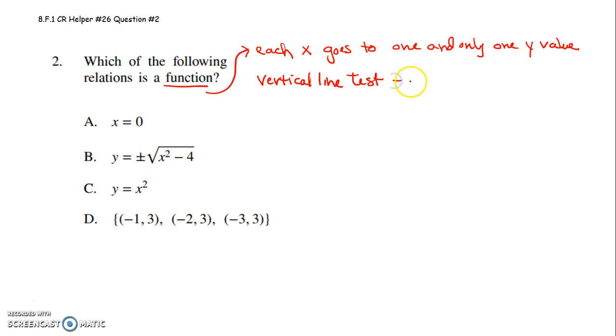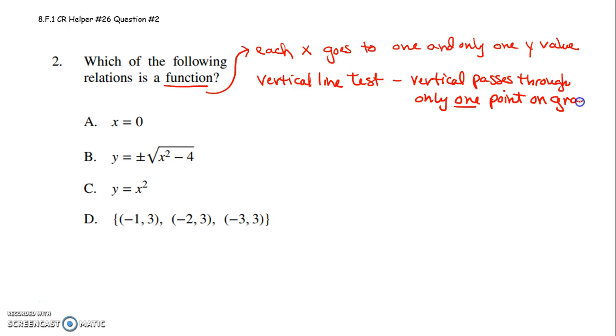The vertical line test: a vertical line passes through only one point on the graph to be a function. So each vertical line will pass through only one point.